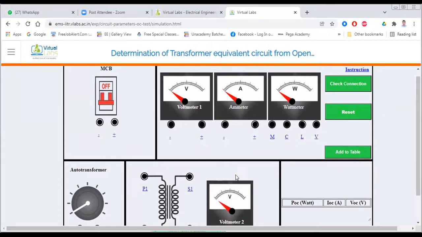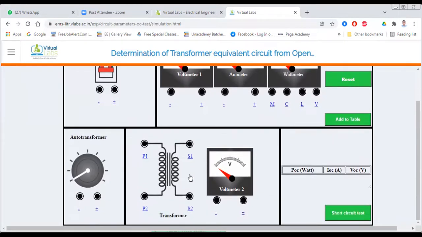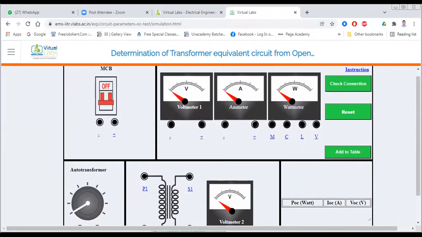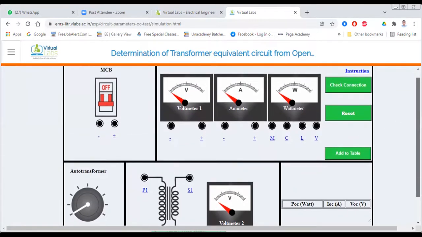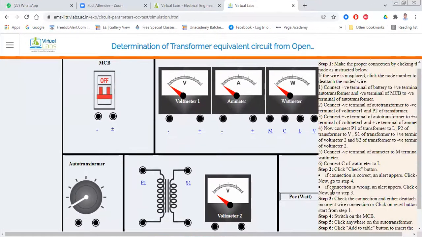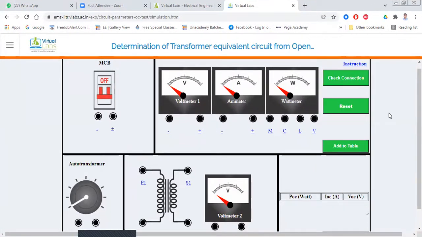You guys tell me how we design the circuit. First, what we have to do? You already saw the circuit diagram, already discussed the circuit. Okay. First, we have to give the supply to the auto transformer, right?